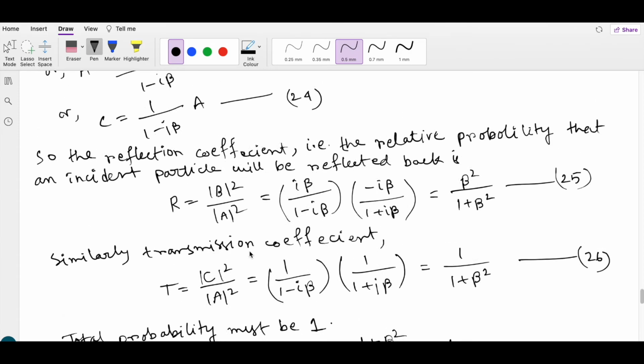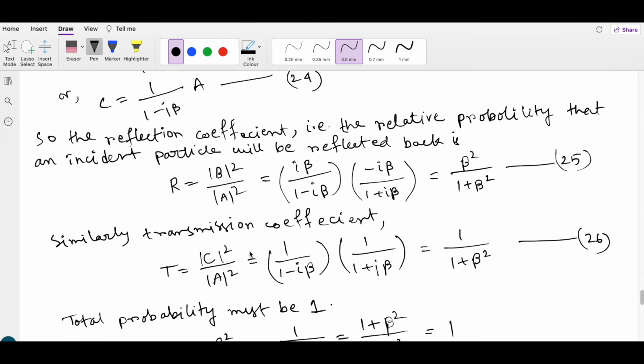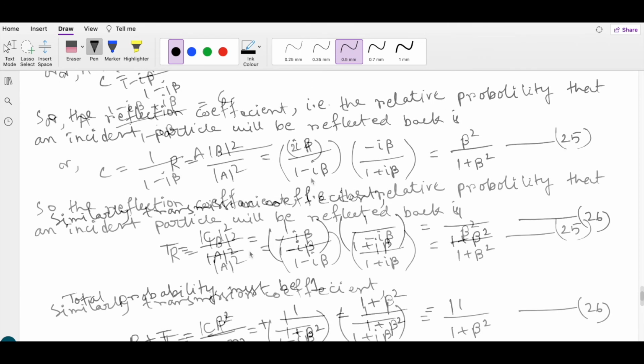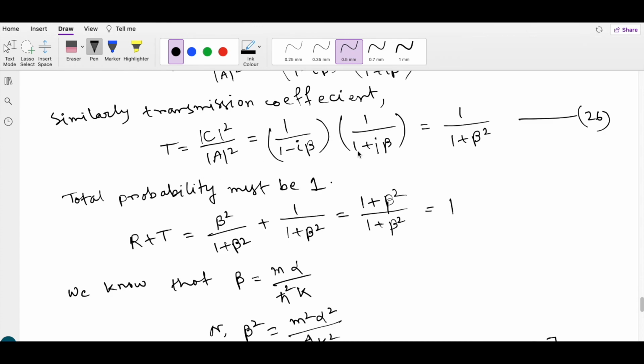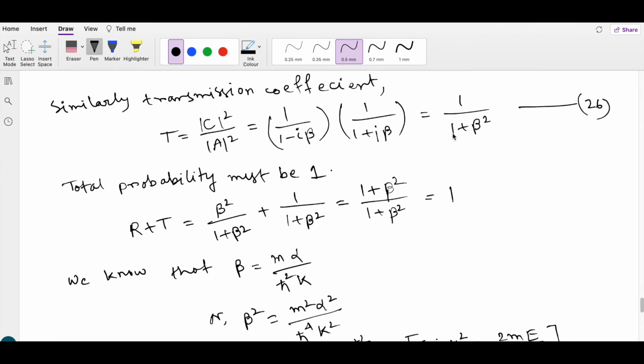Similarly, the transmission coefficient T, or the probability of an incident particle to be transmitted, is c square by a square. After using equation 24, c equals 1 by 1 minus i beta into a, we get 1 by 1 plus beta square. The total probability must be 1. So let's check that. If we add R and T, we get 1. So that is confirming our theory.